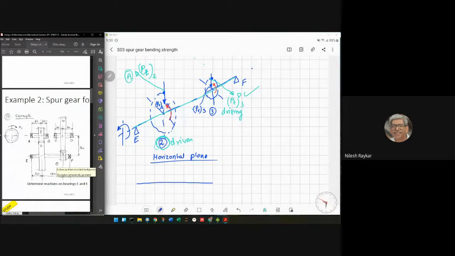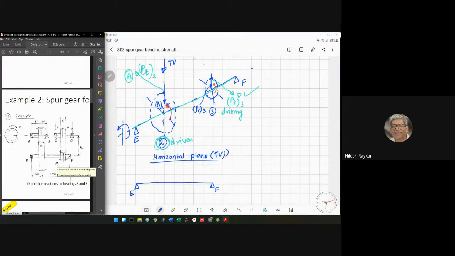In the horizontal plane, you have the support at E and the support at F. If you look at the horizontal plane, you are looking from the top, so that is the top view of this particular plane.